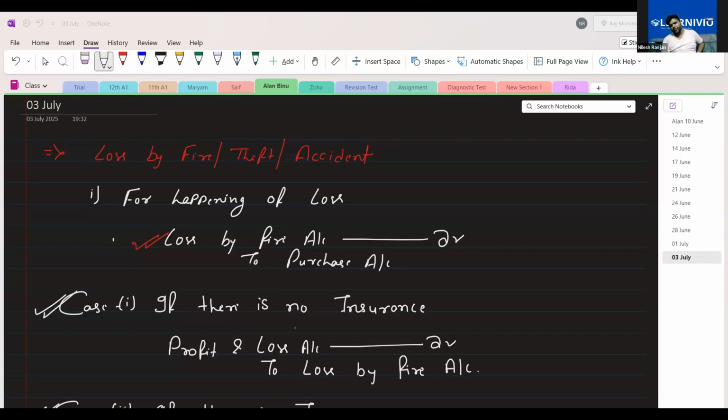This is the last topic of our journal entry chapter. So if you have any question or doubt related to journal entry, any topic, then you can ask here.